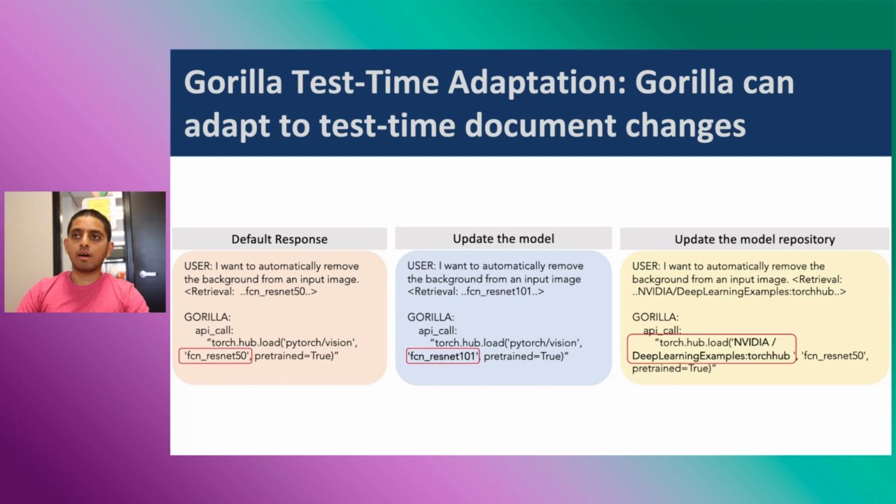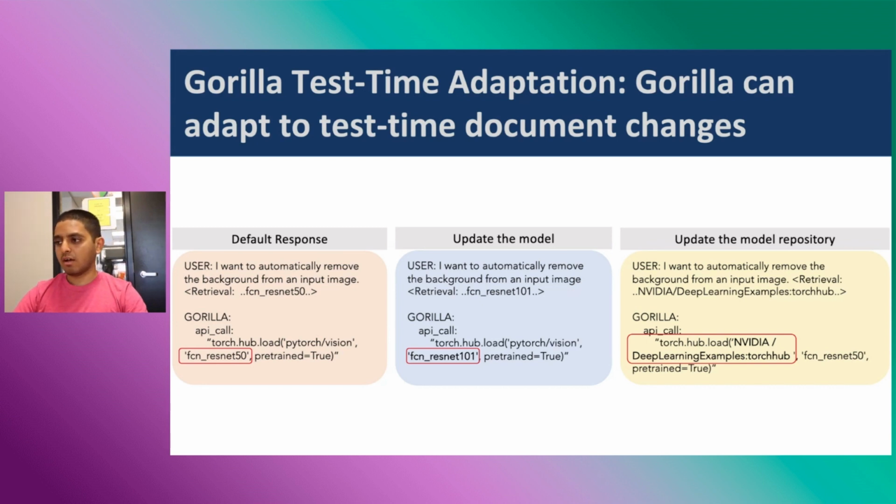And as you can tell, Gorilla is able to even adapt this and serve the API, keeping in mind and being cognizant of the underlying changes in the APIs as well. So in summary, APIs change very frequently, and Gorilla is an LLM that can adapt to test time changes in the APIs, right?